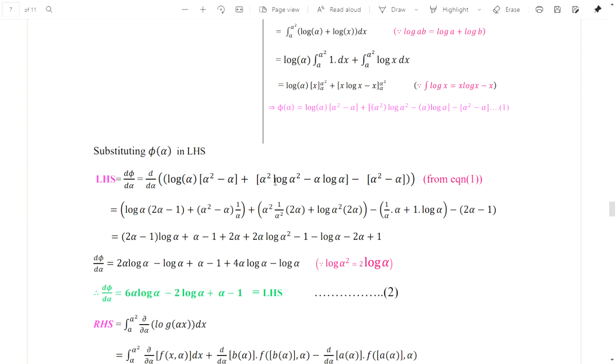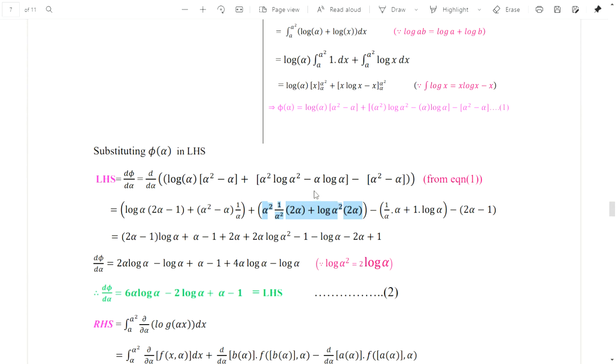For this, let us apply uv formula once again. So, first function alpha squared into differentiation of log of alpha squared is 1 by alpha squared into differentiation of alpha squared is 2 alpha plus log of alpha squared as it is into differentiation of alpha squared is 2 alpha. So, this complete thing is the differentiation of this function.